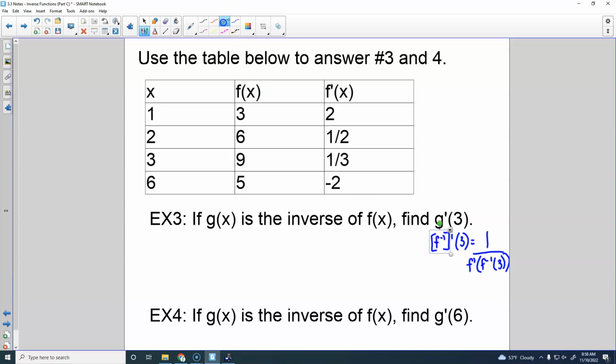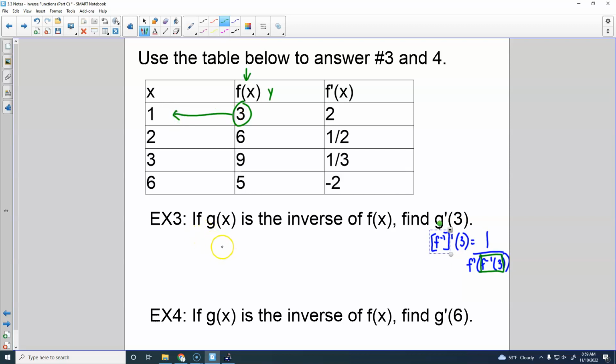So we got to start with f inverse of 3. What is f inverse of 3? It is 1, right? We're looking at this line right here, which would be our y coordinate, correct? Right there's our 3. The 1 is what goes with it.